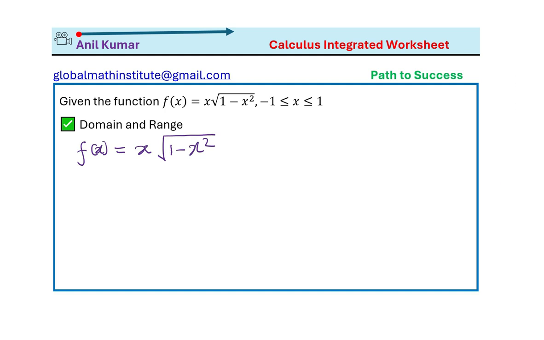Domain could be all real numbers, but the part within the radical has a restriction. So the first part x has no restriction, but the part within radical 1 minus x squared will have restriction, and that will help us to find the domain of the function.